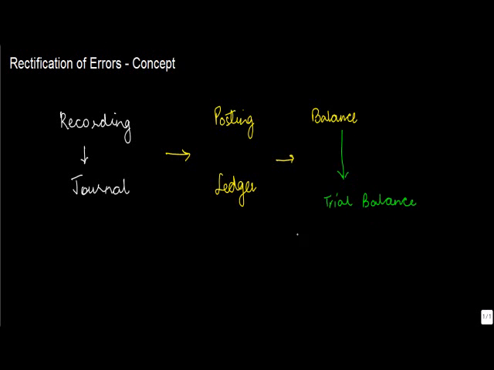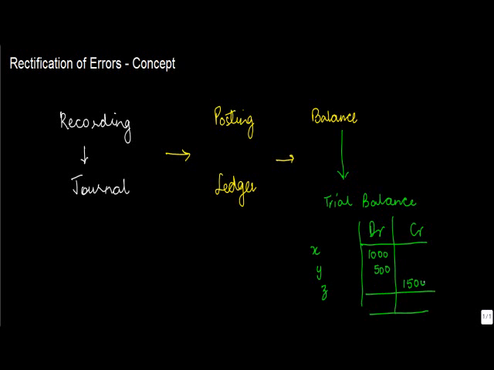A trial balance, as we know, contains various items which could have either a debit balance or a credit balance, right? And ultimately we add up these two sides. So you may have an item X which has a balance of 1000, Y which may have a balance of 500, and then a Z which will have a balance of 1500.